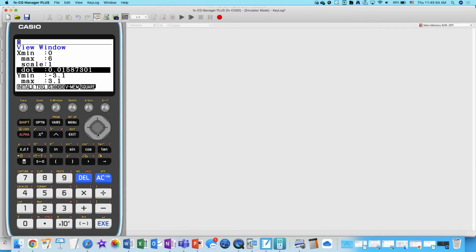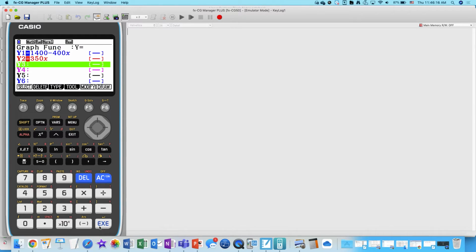What's the minimum distance from Ottawa? 0. And the maximum? 1400. So I will maybe make this 1500. And I'm going to make my scale 100 so that I don't have 1500 ticks along the y-axis. And then I'm going to redraw that, and I have a really nice graph now.